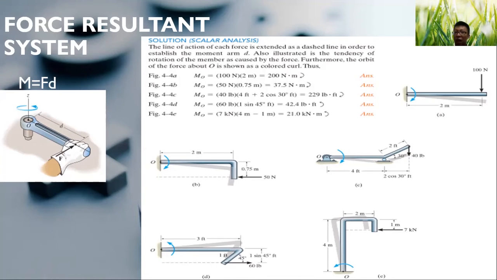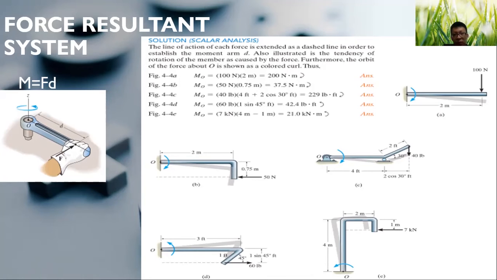And for example E, as we see that the 7 kilonewton is exerted on the tip at the end of the object, so we need to minus it, 4 minus 1, to become 21 kilonewton meter. And you must be curious about the anti-clockwise and clockwise directions shown after the answer in the reference book.